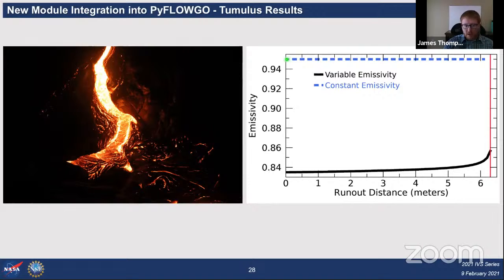So here, in the next few plots, I'm going to show you various plots with run-out distance and various thermorheological parameters. The dashed blue will be the original model, and then the black line will be the change that I've made. And this red vertical line shows you the final run-out distance of the flow derived from ground-based measurements.